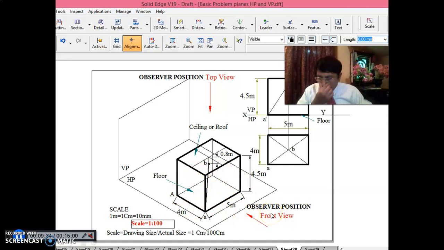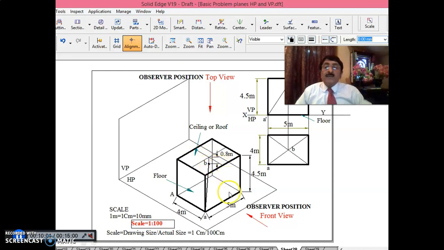Now, for this problem, what they have given is that there is a fan motor hanging from the ceiling, from the center of the ceiling. It is coming 0.8 meters below the roof. This B is the fan motor, which is hanging from the center of the ceiling 0.8 meters below the roof.